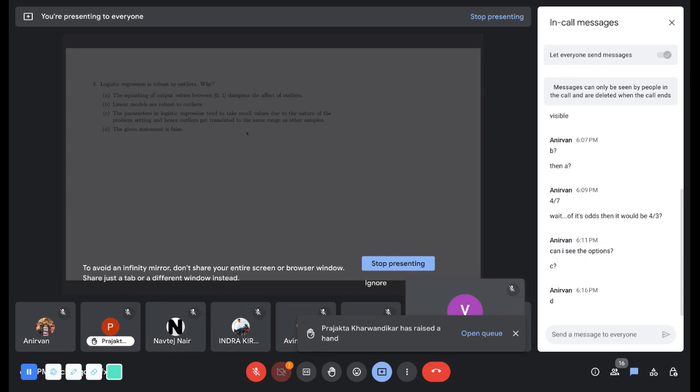Yeah. So one another question on logistic regression. Why logistic regression is considered to be robust to outliers?